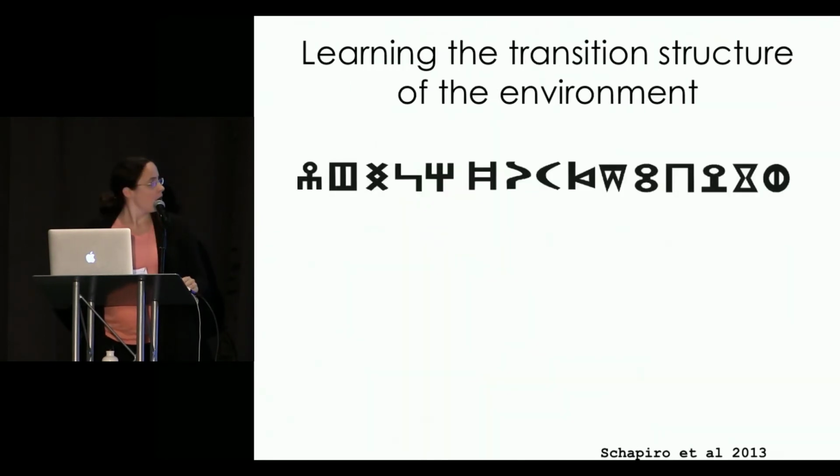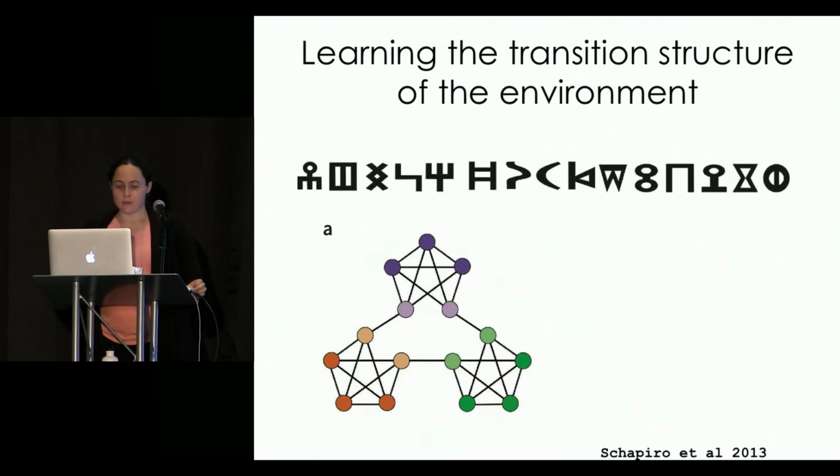So, for example, Anna Shapiro and colleagues did this experiment where participants saw a string of shapes, one after the other. So it would see this one, then this one, then this one, etc. And they would be trained for 30 minutes or so to seeing those sequences with a cover task where they weren't supposed to learn transitions at all. And what they did not know was that there was a specific statistical structure to this sequence.